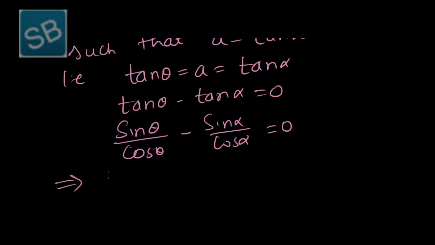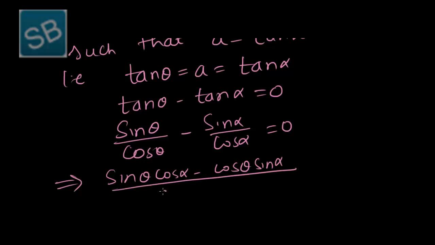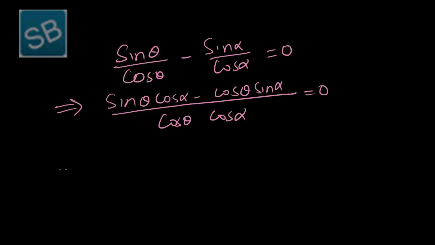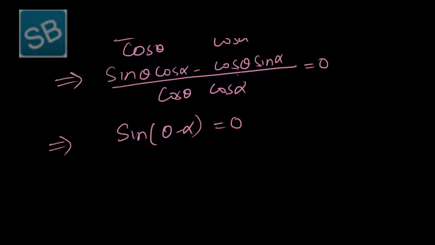So by taking the LCM, we get (sin theta cos alpha minus cos theta sin alpha) over (cos theta cos alpha) is equal to 0. From here we get sin of (theta minus alpha) is equal to 0. This is sin A cos B minus cos A sin B, that is sin (A minus B).